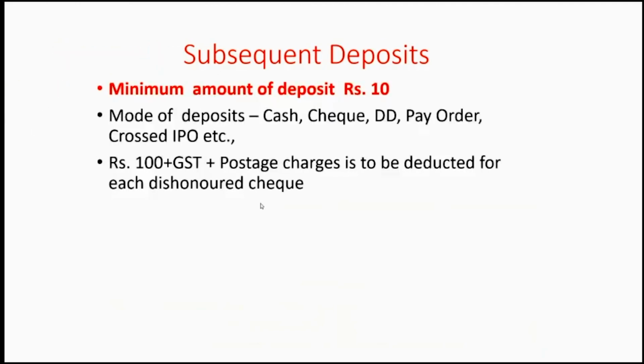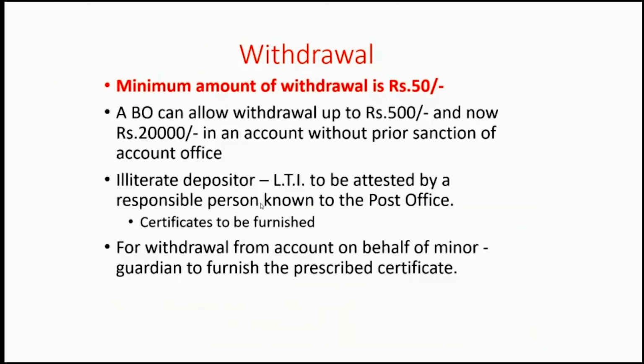In respect of subsequent deposits, a minimum amount of rupees 10 can be subsequently deposited in a savings account, and the mode of deposit can be cash or check or DD or pay order, anything like that. So the minimum subsequent deposit in respect of savings account is rupees 10, only rupees 10. And in case of withdrawal, the minimum amount of withdrawal is rupees 50.